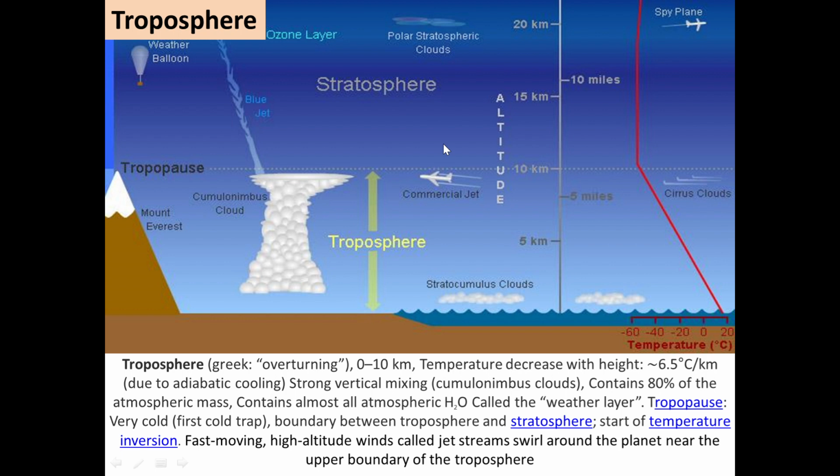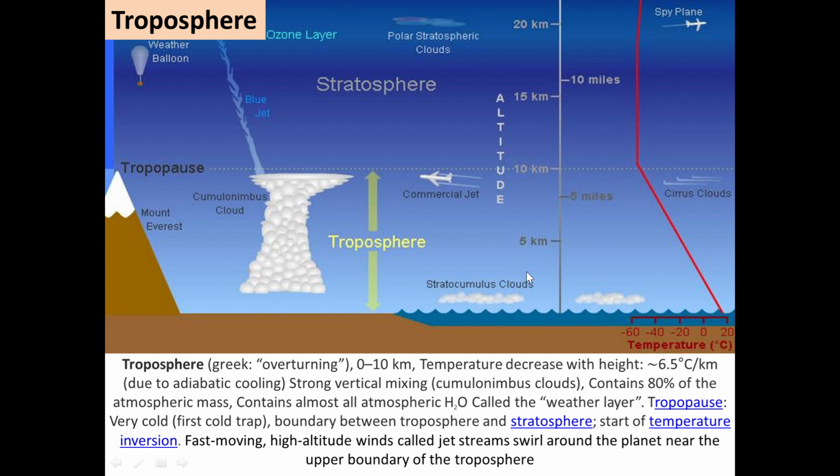So it is a fast moving high altitude wind called a jet stream that swirls around the planet near the upper boundary of the troposphere. Most of the atmospheric activities happen in the troposphere.